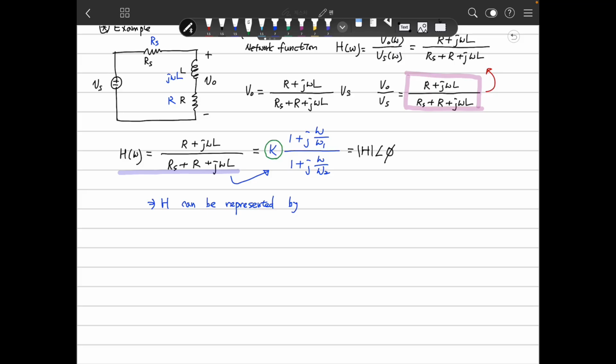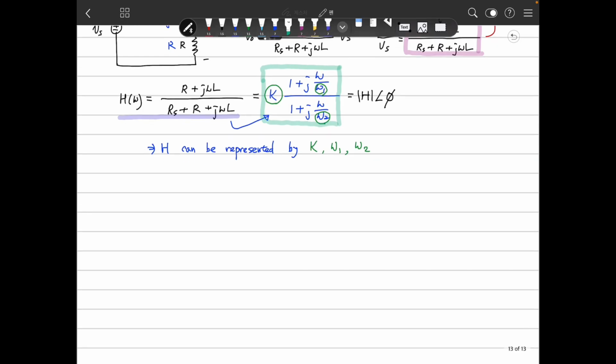What are they? K, omega 1, and omega 2. The reason that we represent the transfer function in this manner is that the variables K, omega 1, and omega 2 have special characteristics.